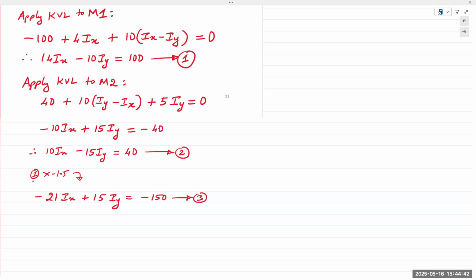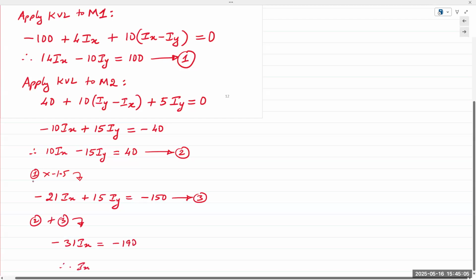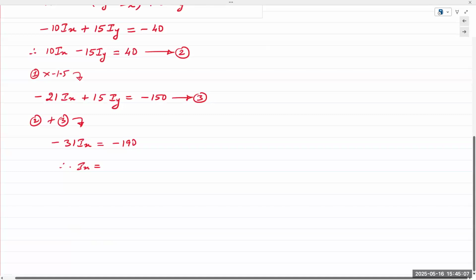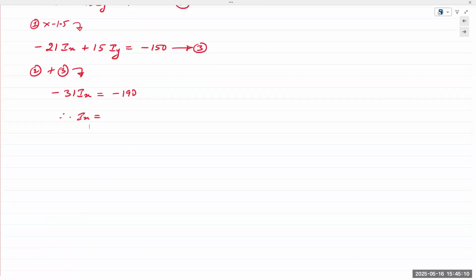This is equation number 3. Equation 2 plus 3 is going to give me, what does it give me? 31 IX is equal to 190. Therefore, IX is equal to 190 divided by 31, 6.129. Is that correct?